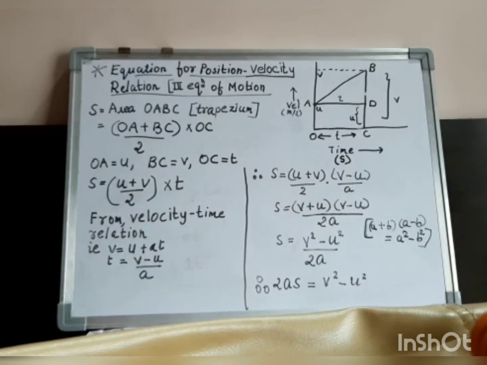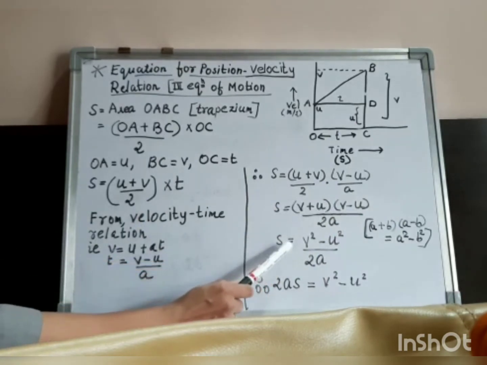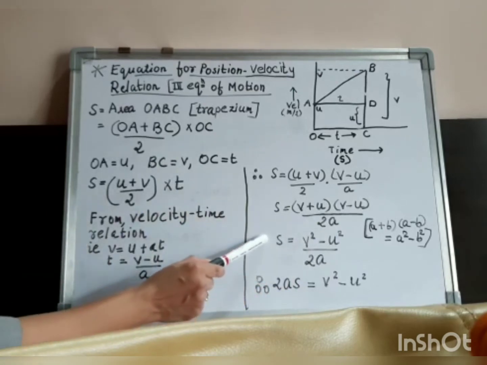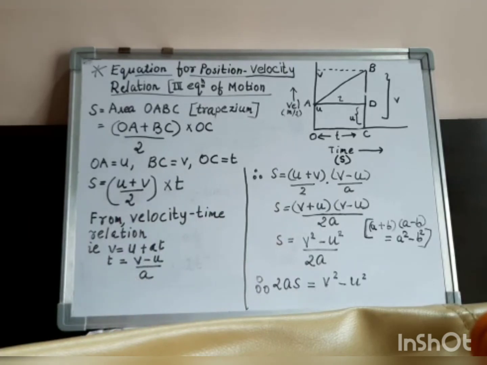So it will be A square minus B square. So this will be V square minus U square. So S is equal to V square minus U square upon 2A. And if you bring this 2A on this side, it will become 2AS is equal to V square minus U square. And this is position velocity relation, that is third equation of motion.